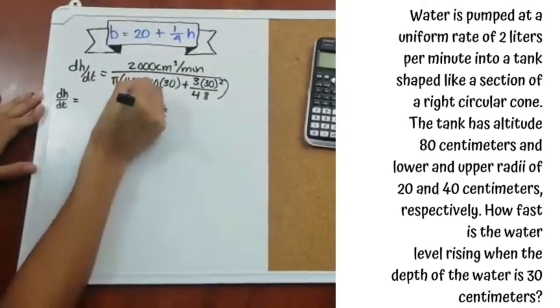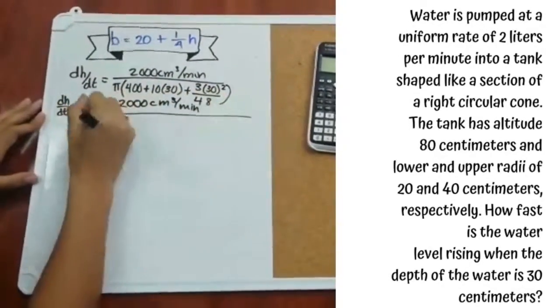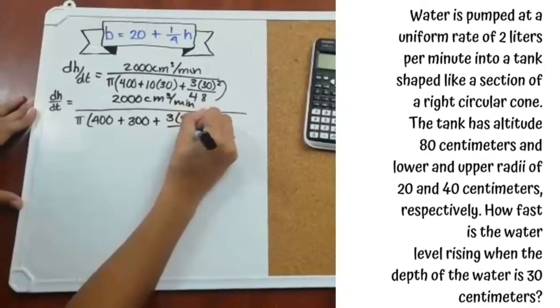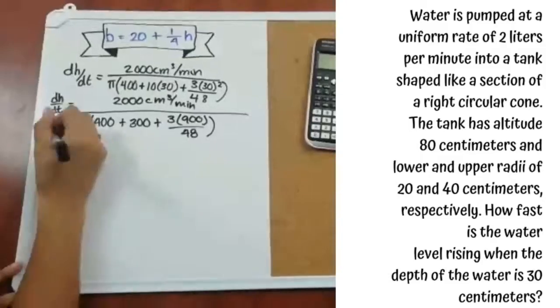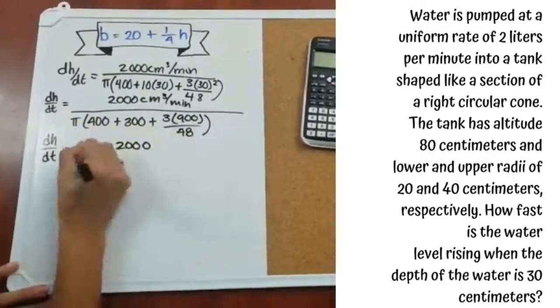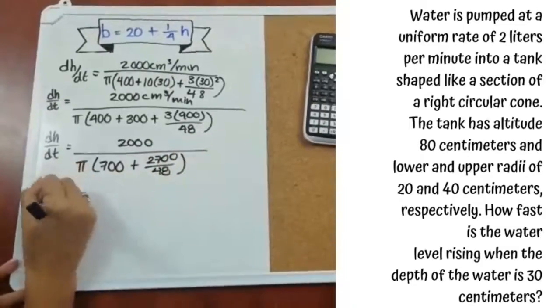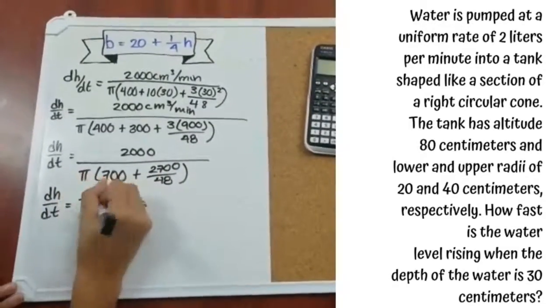As I said before, replace the given variables in the original equation. We get 2000 cubic centimeters per minute over pi times (400 plus 10 times 30 plus 3 times 30 squared) over 48.